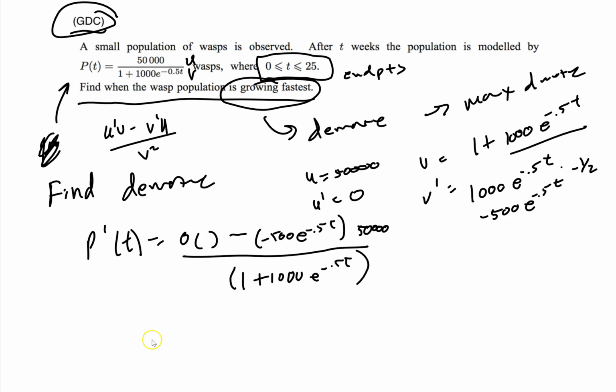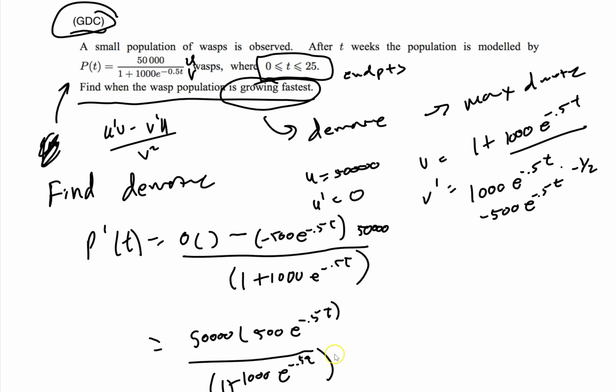If I simplify that, I'm going to get positive 50,000 times 500 e to the negative 0.5t, all over 1 plus 10,000 e to the negative 0.5t, squared. That should be squared. So that's my derivative.